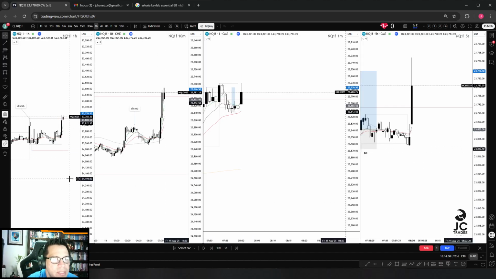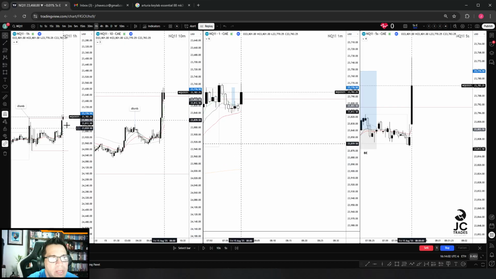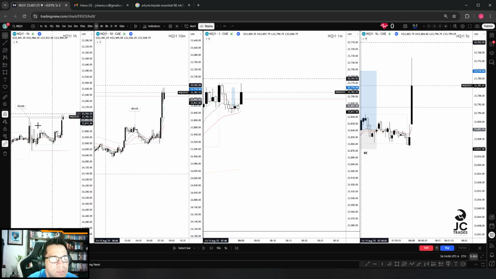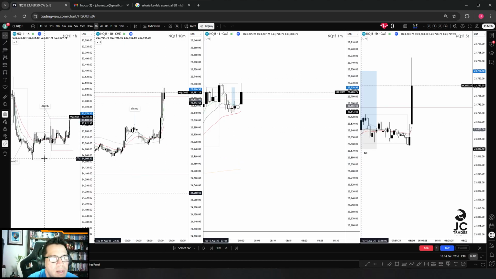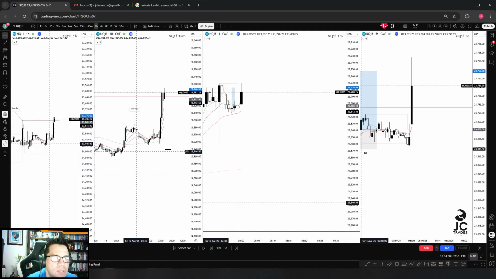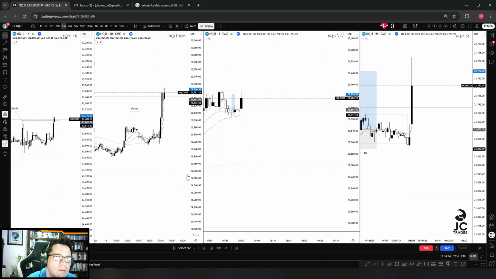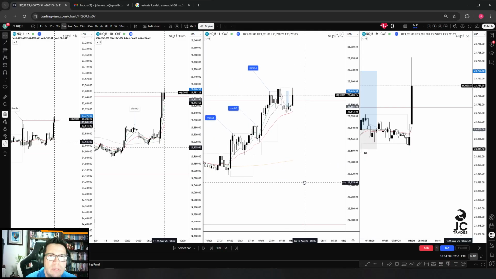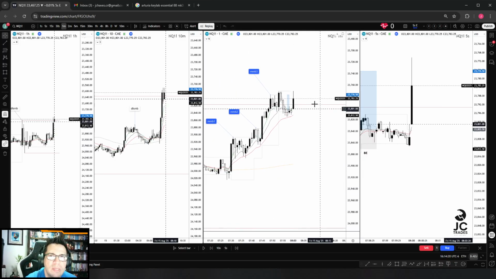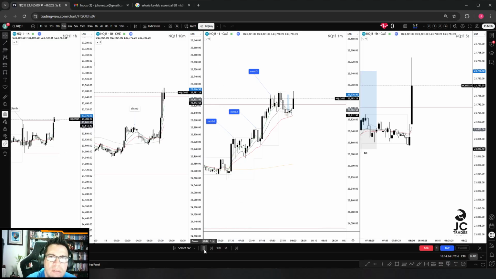So we are still waiting for a validation of this distribution MB on the hourly. So just to have that into consideration. So let's just keep playing price from this point onward to see what happens here, if we get a validation of MMB3 or not.